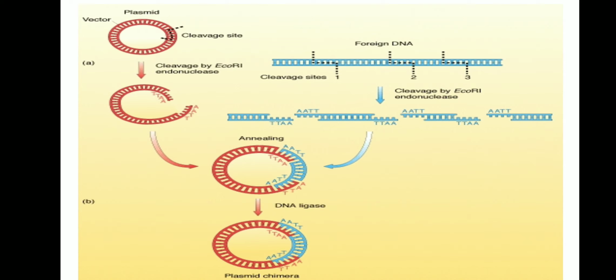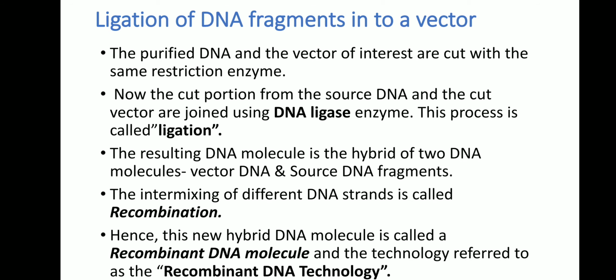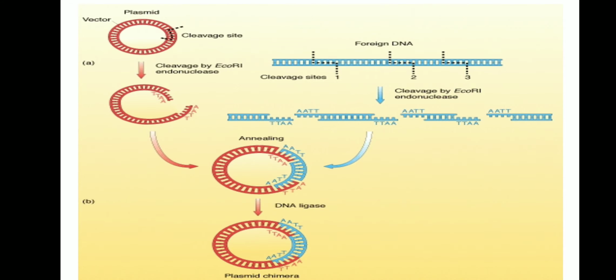Now by the help of DNA ligase enzyme, ligation occurs. What is ligation? Ligation means joining, sealing the source DNA and vector DNA. Joining them by the help of DNA ligase enzyme is called DNA ligation.